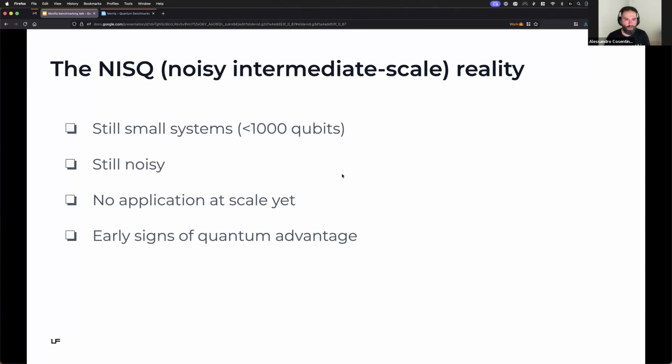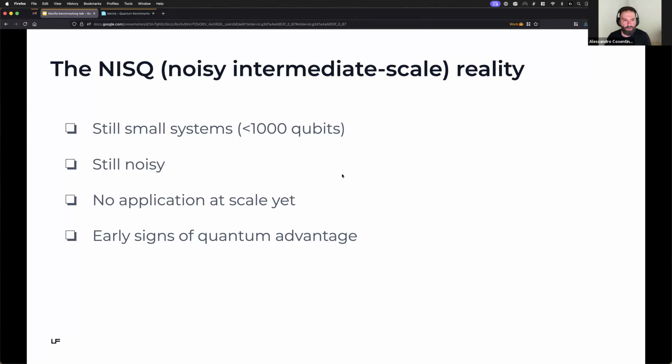Still exciting, because you can start to run experiments that it is not clear you can run on a classical computer, which is what we call quantum advantage. So we are starting to see, especially in the last couple of years, early signs of that.